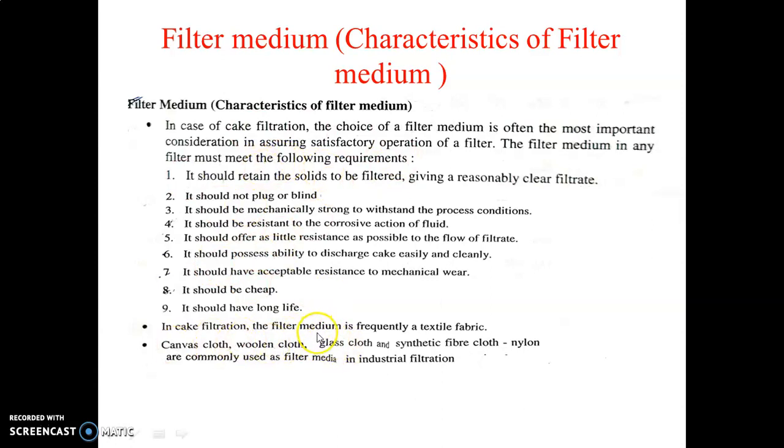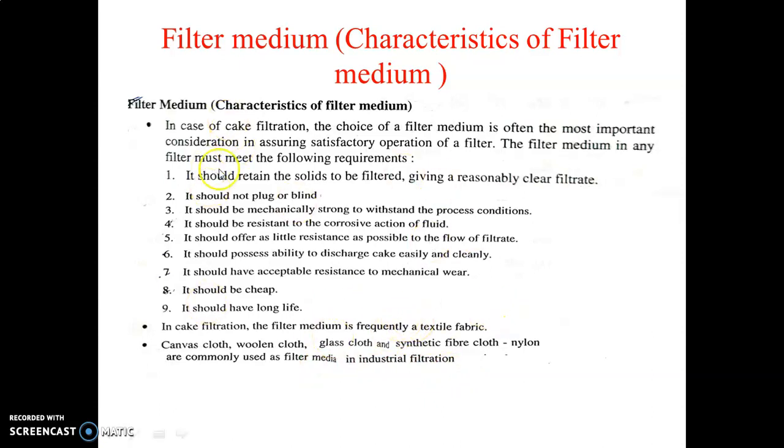So in case of filtration, the filter medium is generally textile fabric. So the filter medium is made from the textile fabric. So what are the examples of the filter medium used in a chemical industry? These are canvas cloth, woolen cloth, glass cloth, and synthetic fiber cloth like nylon, which are commonly used as a filter medium in a chemical industry.